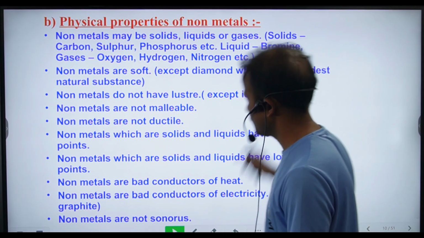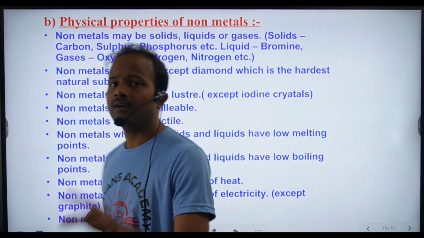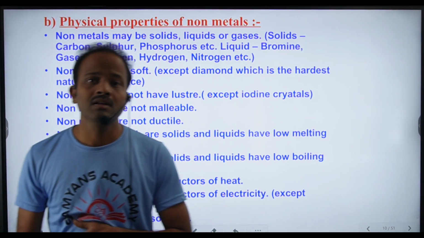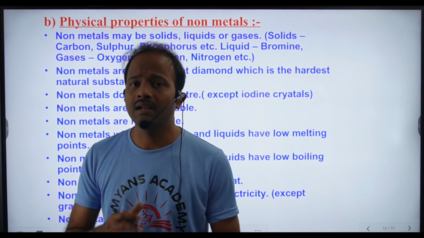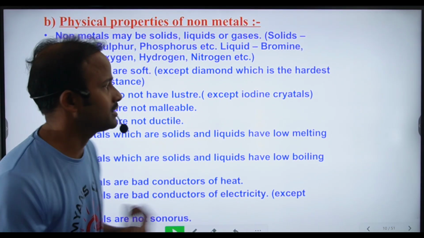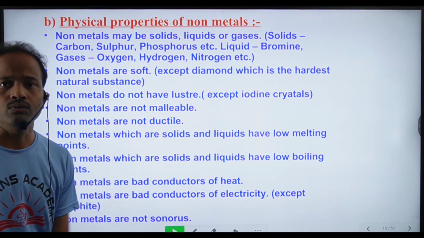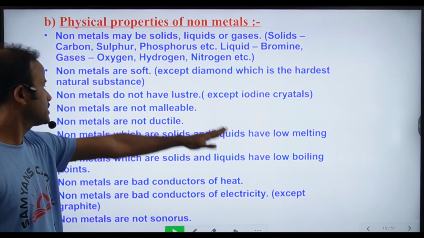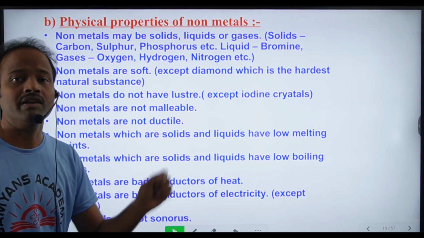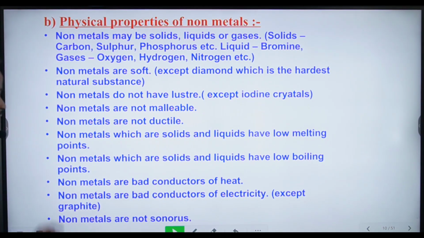Non-metals do not have luster. Except iodine crystals, all other non-metals have a dull look, meaning they do not have a shiny nature. Non-metals are not malleable, we cannot beat them into sheets, and non-metals are not ductile, we cannot draw them into wires. Non-metals which are solids and liquids have low melting points and low boiling points.